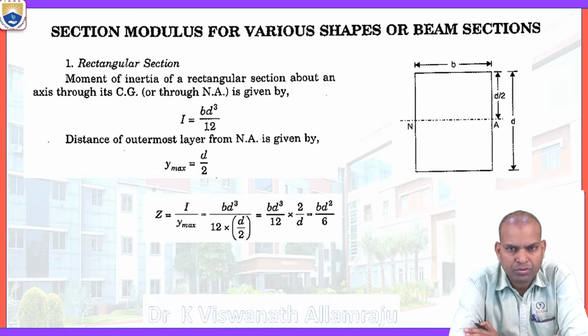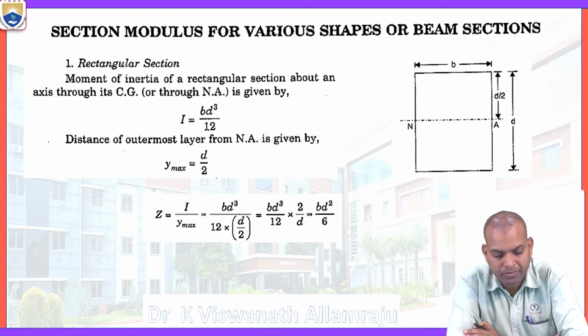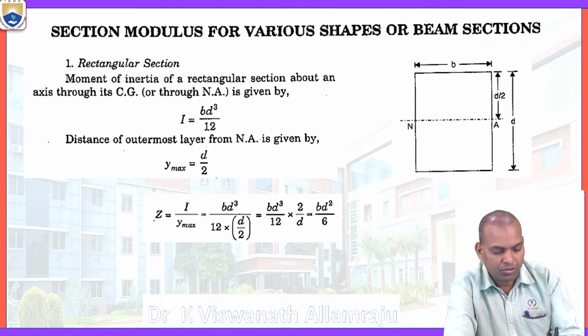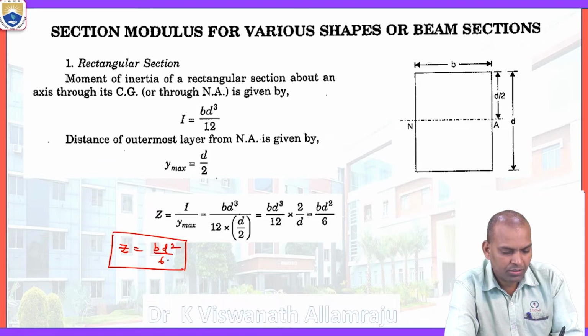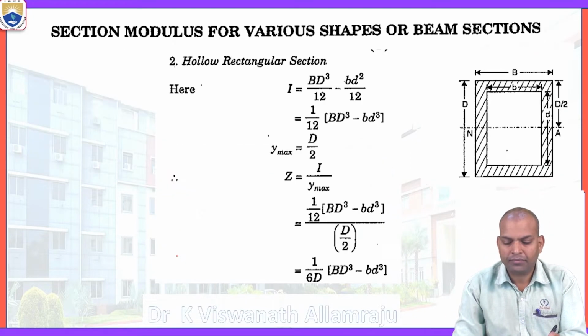So I equal to bd cube by 12, y equal to d by 2. Substituting in Z equal to I by y max, we can see that it becomes bd square by 6.